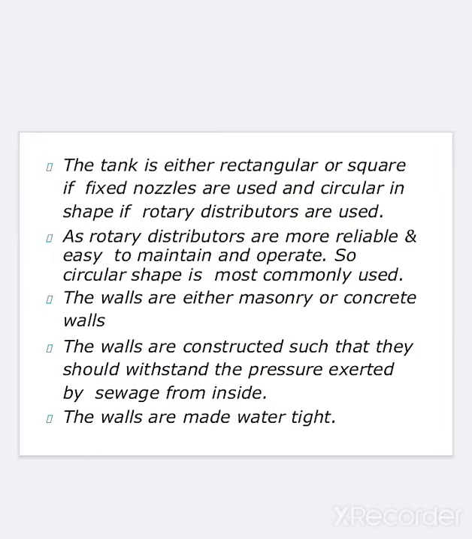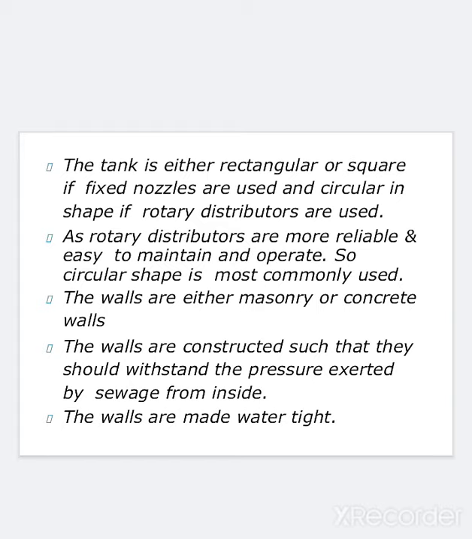The tank is either rectangular or square if fixed nozzles are used, and circular in shape if rotary distributors are used. If there is only a nozzle, it might be rectangular or square. If there is a distributor arm, the shape will be circular. As rotating distributors are more reliable and easy to maintain and operate, the commonly used shape is circular.